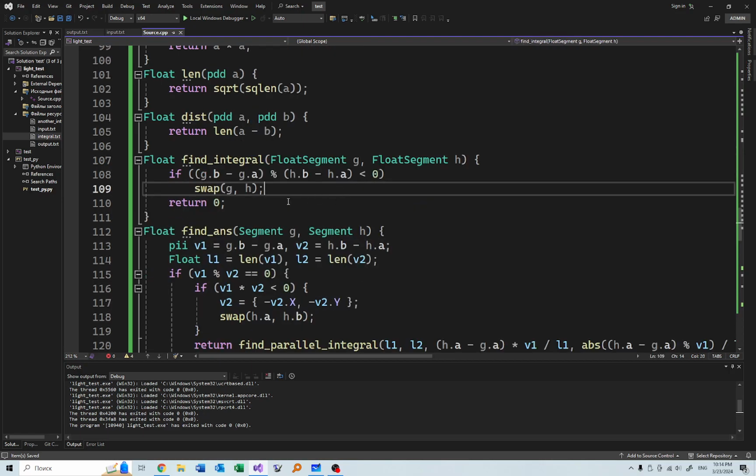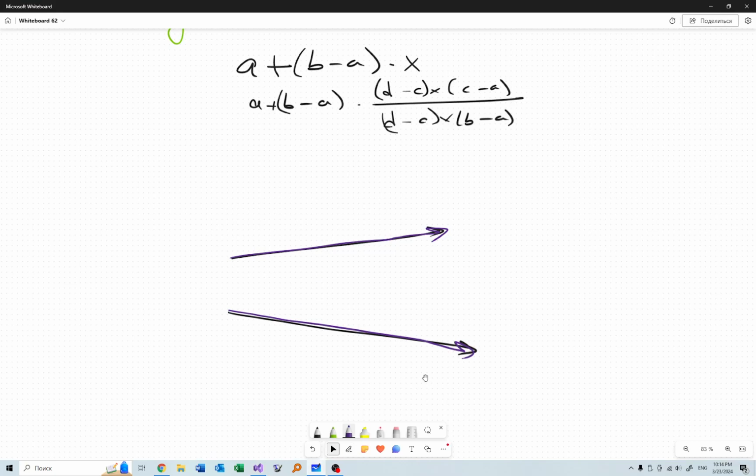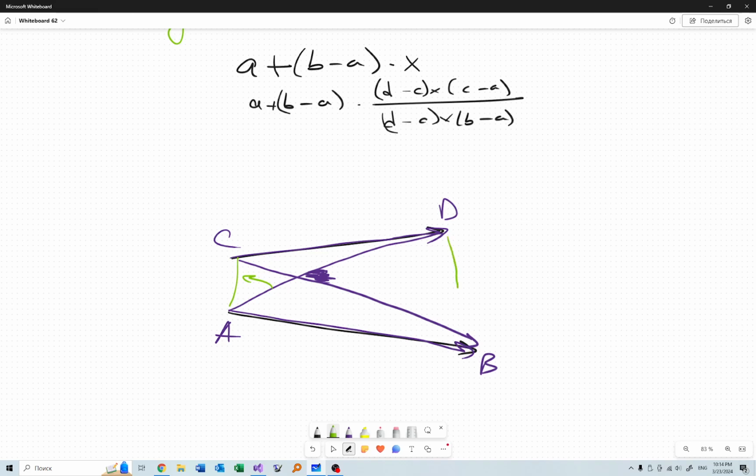Well, now they are in correct order. So let's call this AB and this CD. Then from CB to AD, everything is straightforward. It is simply this area. Then we need to either go from this direction to this direction, or from this direction to this direction.